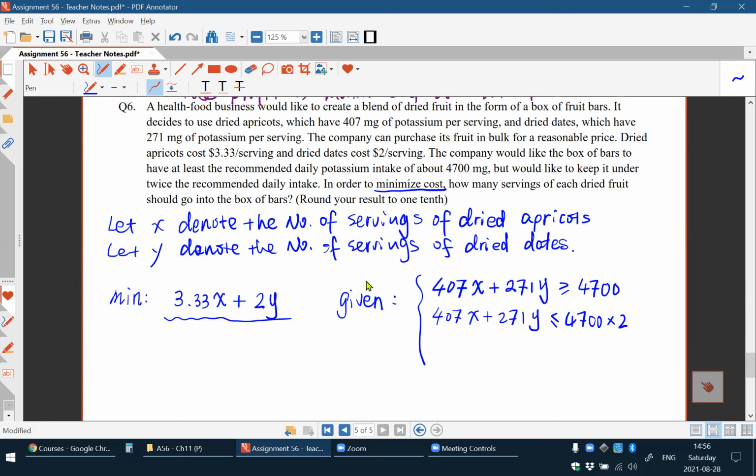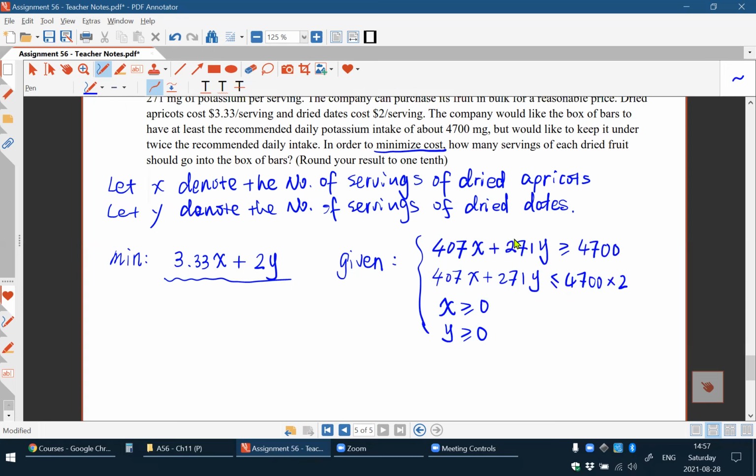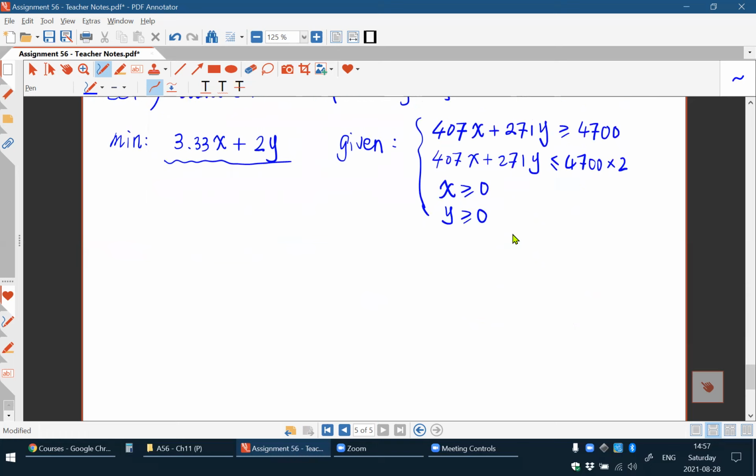And because X and Y denote the number of servings, both of them should be positive or zero. So these are all the constraints. Okay, again, let's start from the constraints to see if we have a boundary region or not.